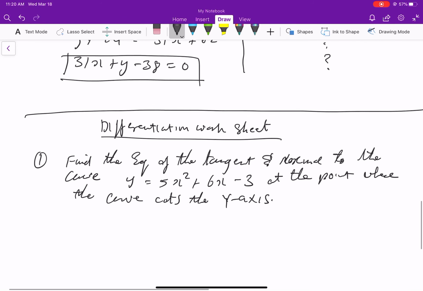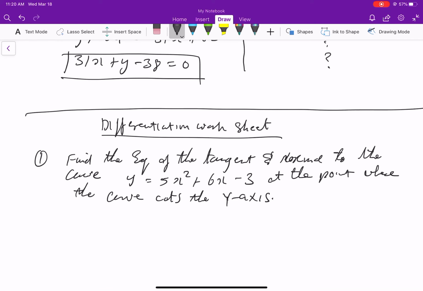There's only one point where that curve cuts the y-axis. You have to know that when the curve cuts the y-axis, what value x should take on, and so on.